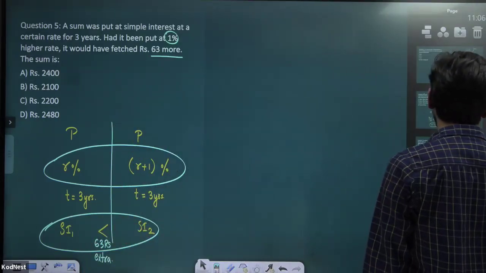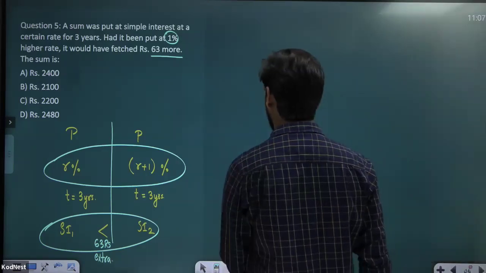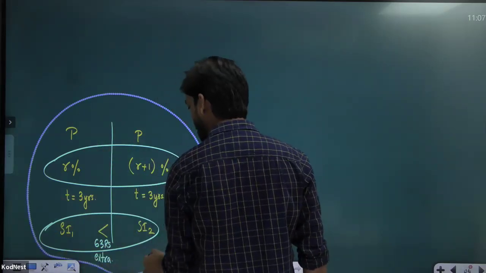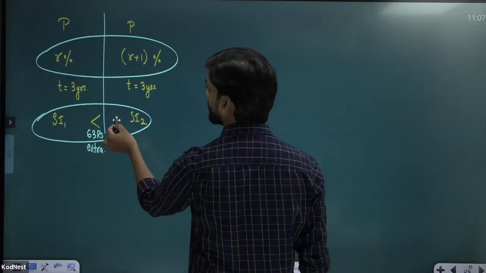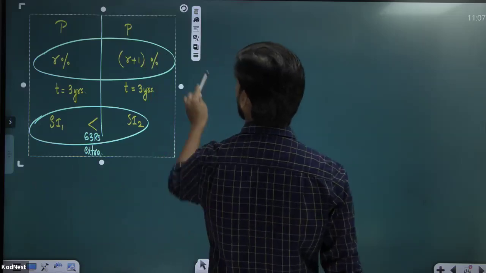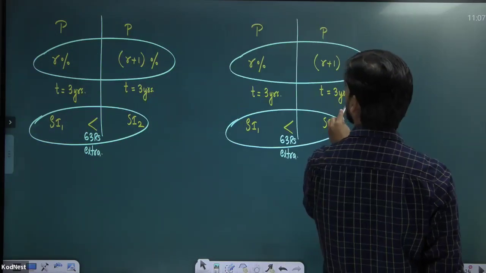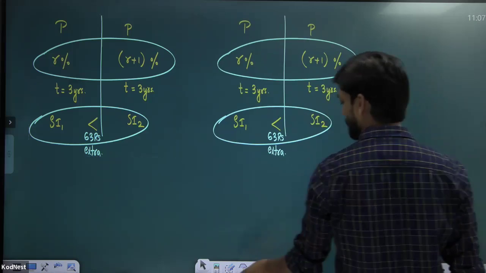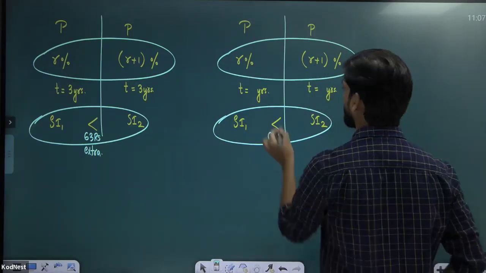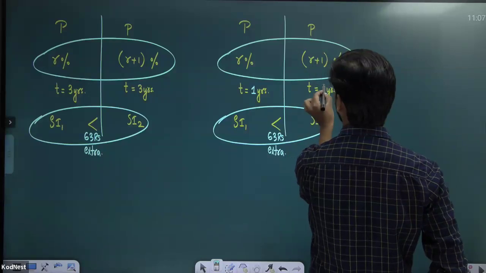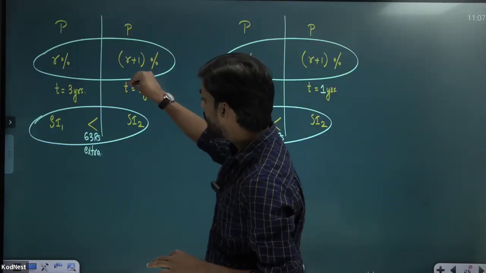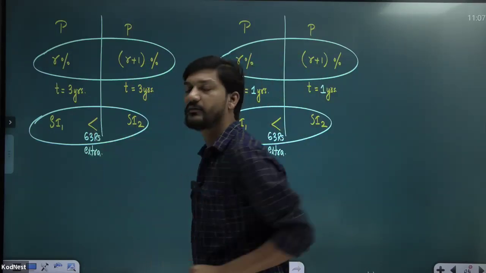All right. Just carefully answer. Time is 3 years, and your friend will get 63 rupees extra.